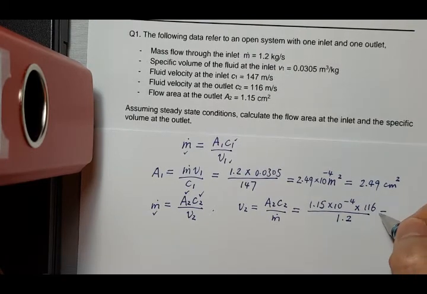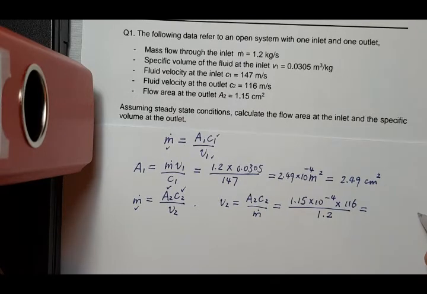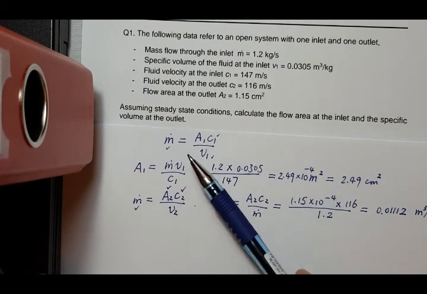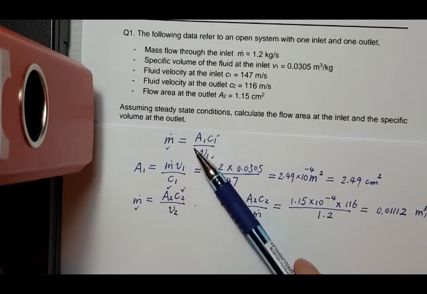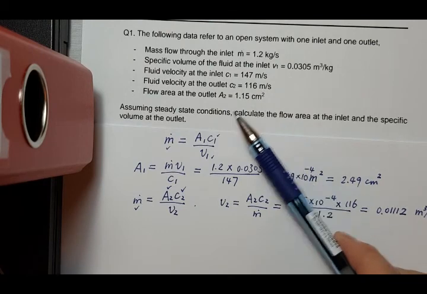This will give us cubic meter per kilogram, which is the SI base unit for specific volume, and you can calculate the value here: 0.1112. So in this question we just use the same equation, depending on different variables which have been given, and then we calculate the unknown variable.